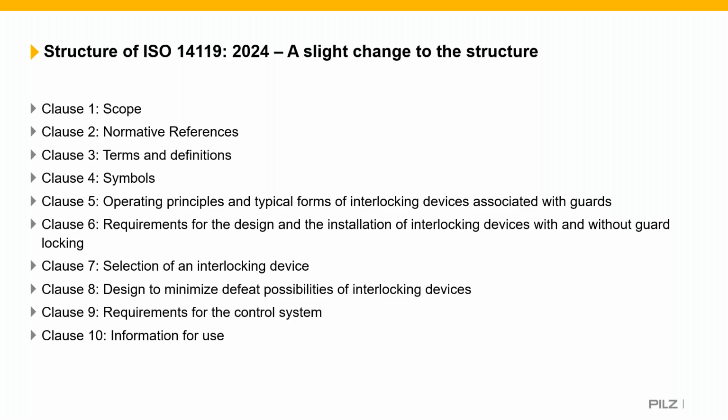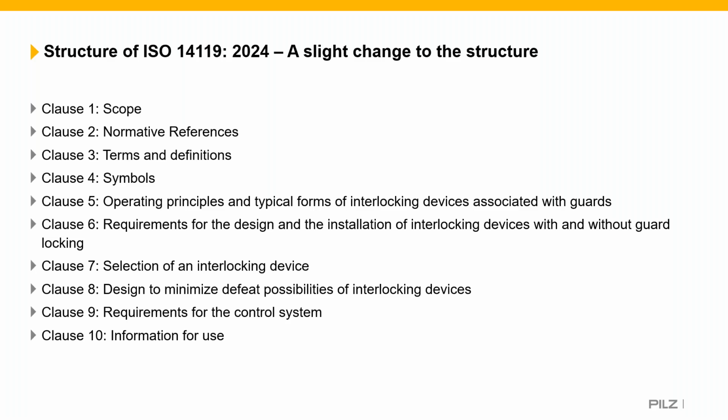Clause 3 is the glossary of all the terms and the definitions and things that it uses there. Clause 4 is a new clause that's been added, and that outlines the symbols that it uses and the pictograms in there for things like trap key or actuator locked or unlocked and things like that.